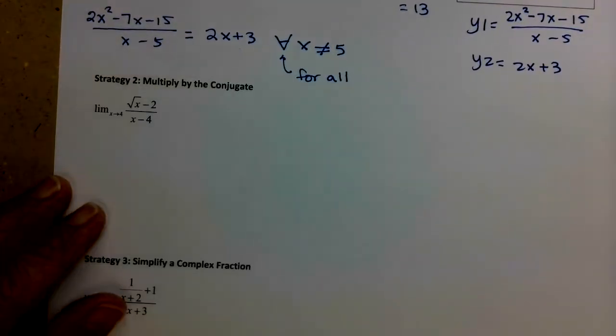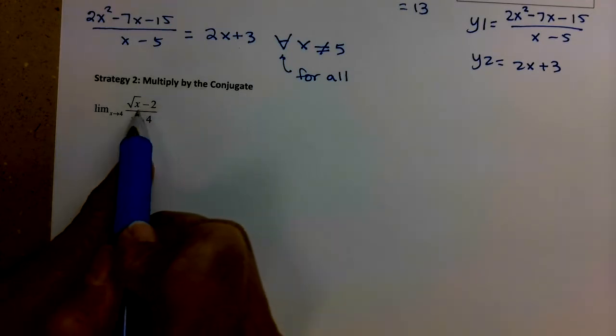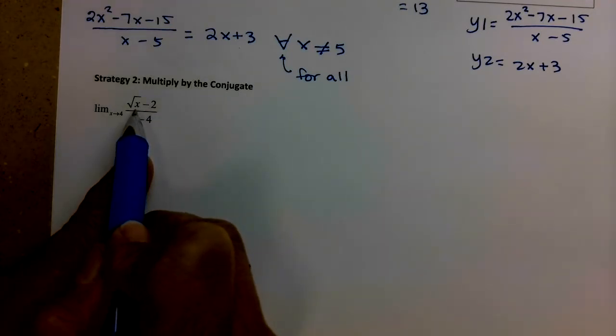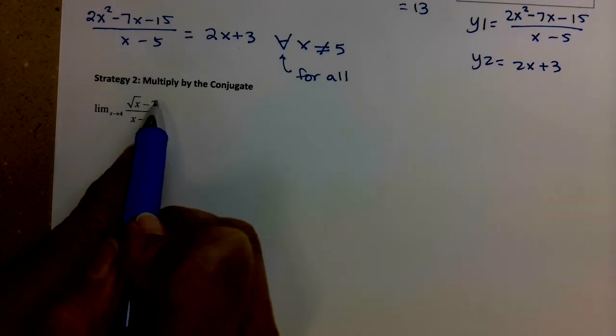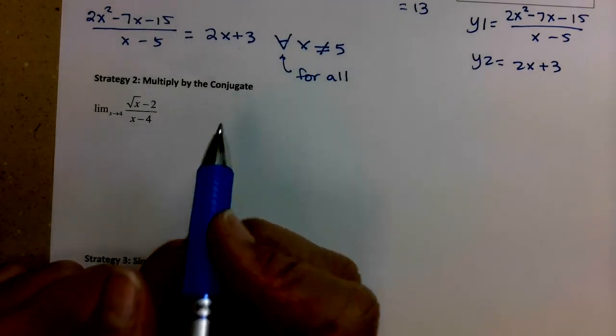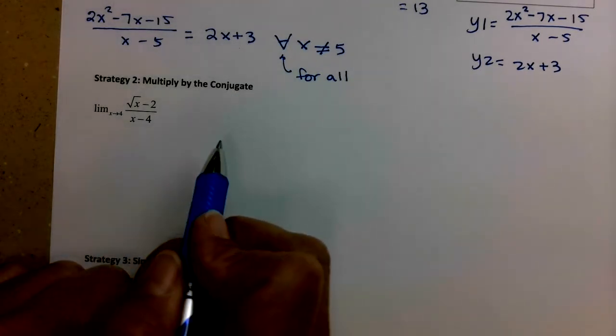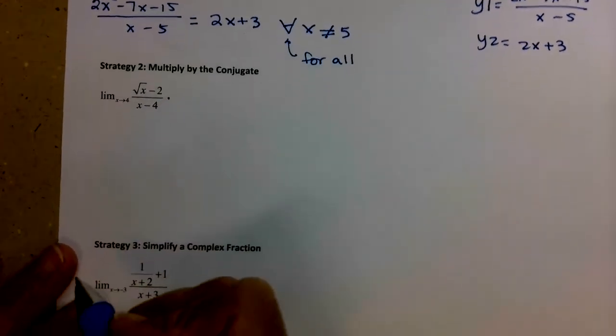Okay. Strategy 2: if one of your pieces happens to be a radical, a square root, what you can do is multiply by the conjugate of the term with the square root in it. So remember what the conjugate is? Same two terms, different sign. So I'm going to go ahead and do a little workspace down here.